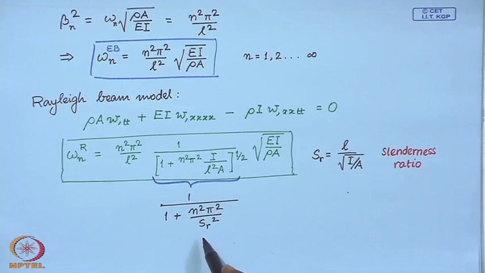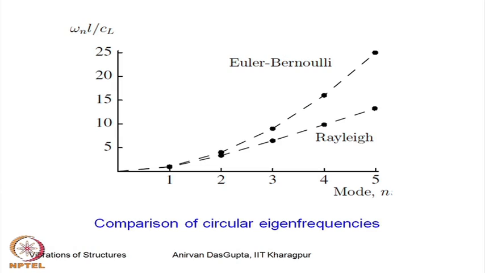So, let us look at a comparison of the circular natural frequencies of the Euler Bernoulli and Rayleigh beam models. As you can see, at lower modes they are very close, but as you go to higher and higher modes the difference is appreciable.